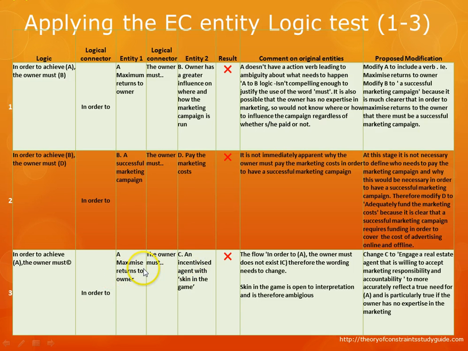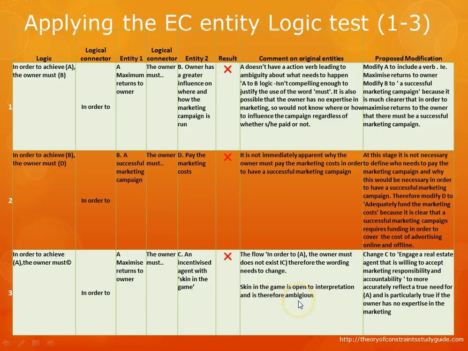So we're now in the bottom half of the evaporating cloud. Again, we read out loud: in order to maximize returns to the owner, the owner must, and C says, an incentivized agent with skin in the game. Well, again, the wording doesn't flow well. And secondly, the skin in the game term is open to interpretation.